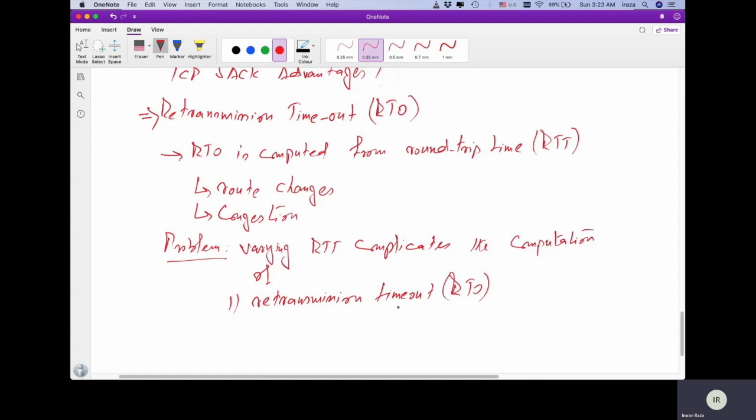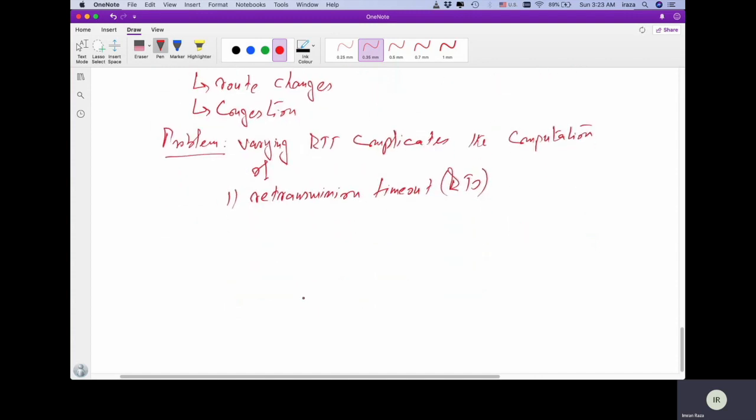It complicates the retransmission timeout. We'll see in a minute how. And number two, it also affects the optimal sender's window size. So if RTT is not stable, is changing because of changes in route or because of congestion, this means we'll have problems in calculating retransmission timeout and optimal sender's window size.